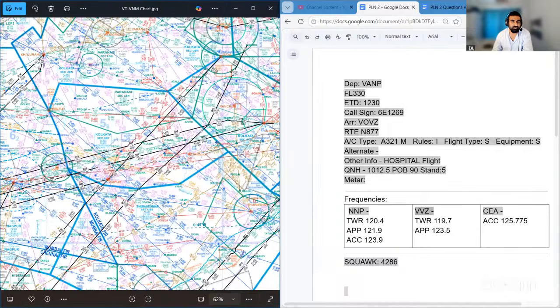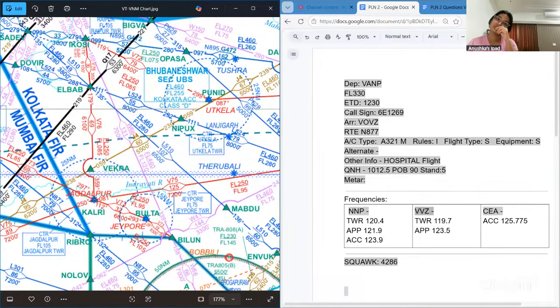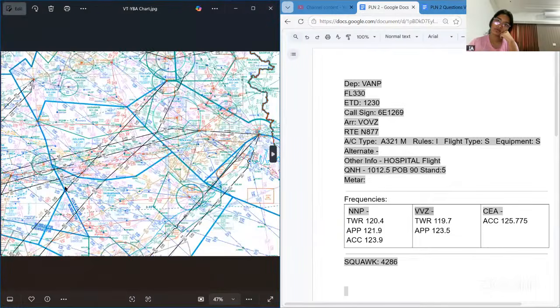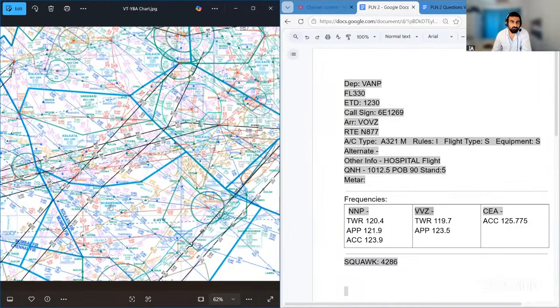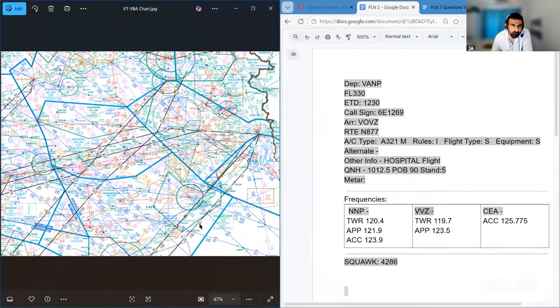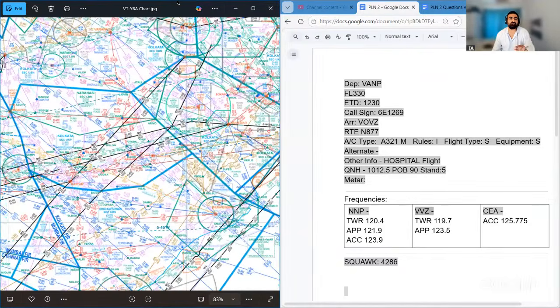But we found the route and we tracked it till here, okay? Fine. Okay, so I think this is the better chart. Bhubaneswar. Okay, fine. So this is generally how we will be tracking.